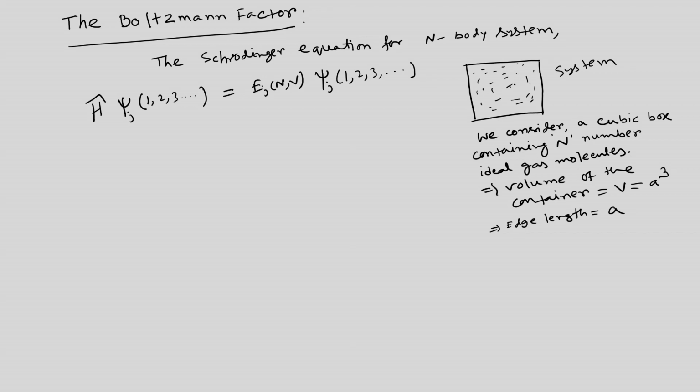And for this kind of system, the Schrodinger equation we can write as H psi equals E psi. And here j is 1, 2, 3, etc. It varies like this, and these are microstates.